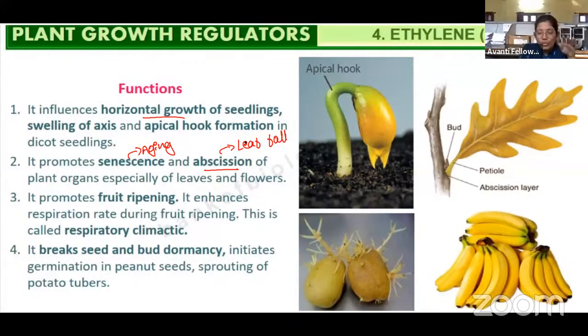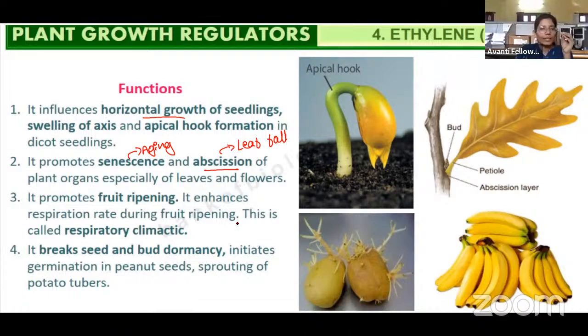Because it is reducing growth here. If a plant has to grow, senescence and abscission should not happen. Here, senescence and abscission are happening because of ethylene. And as I said, it is mostly helpful for fruit ripening. Remember, auxin, gibberellin, and cytokinins are all three growth promoters, and ethylene is a growth inhibitor, which is going to increase the age of a plant.